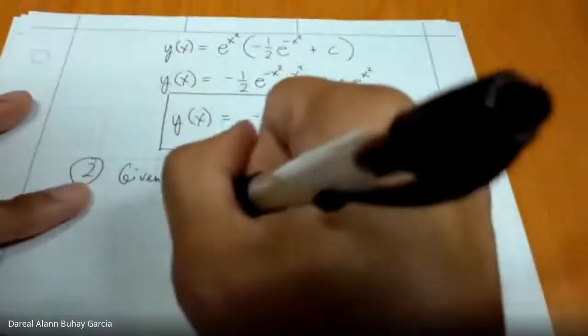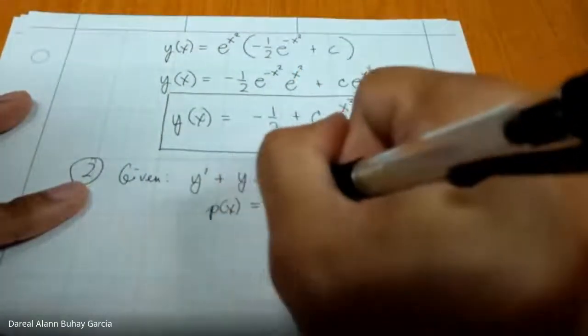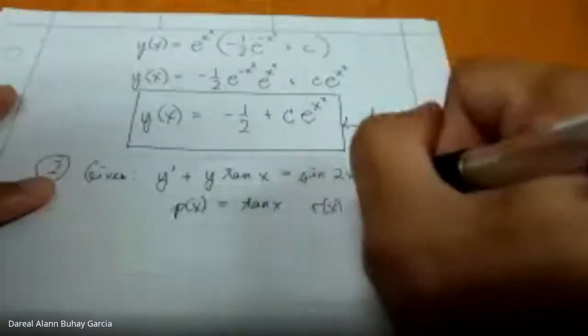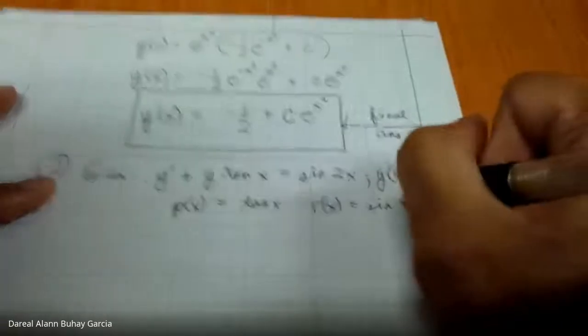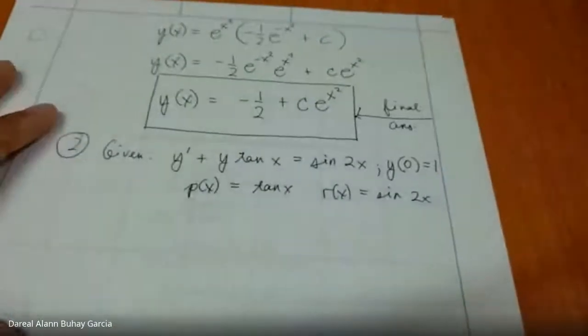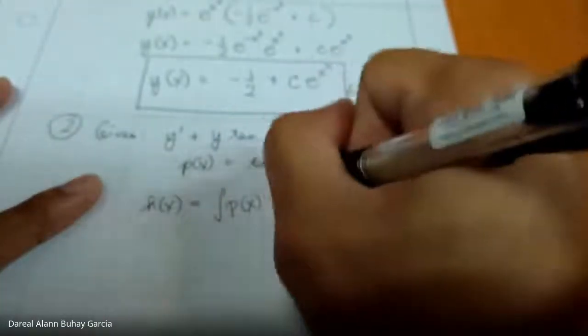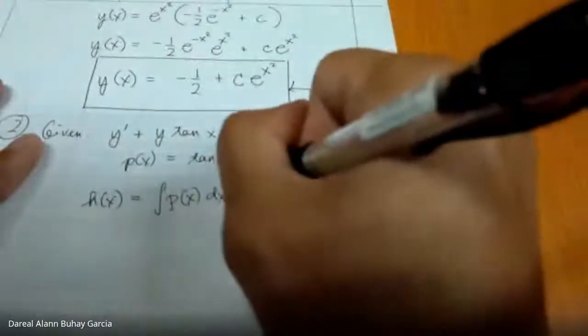So p of x is tangent x. R of x is sine 2x. Okay, formula. H of x first. H of x is equal to the integral of p of x dx, equal to the integral of tangent x dx.